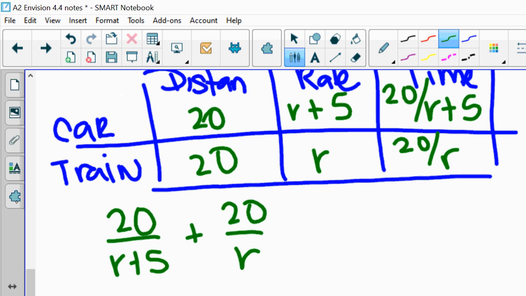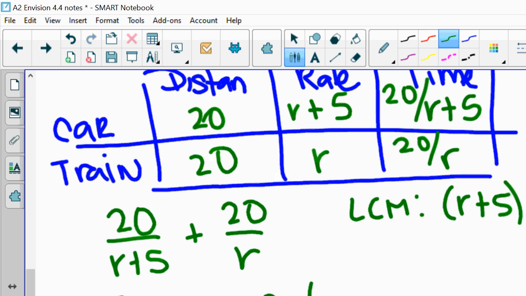I need to get a common denominator. My LCM is going to be the first one, R plus 5, and the second one, R. So I'm going to put each of these over R times R plus 5. This first one had a 20 on top, and the original denominator was missing the R. The second one also had a 20 on top, and the original denominator was missing an R plus 5.